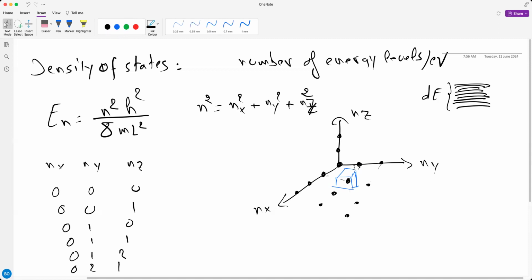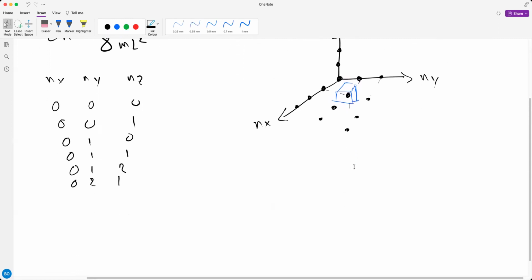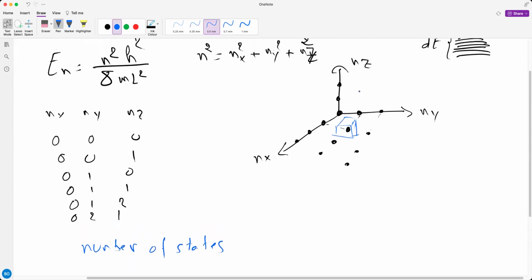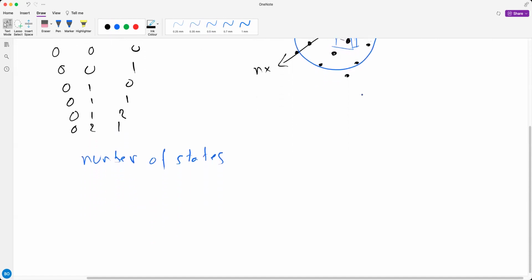This means the total number of states is just the total volume. If I take a sphere here, and this sphere has radius n, then the number of states will be the volume of the sphere.